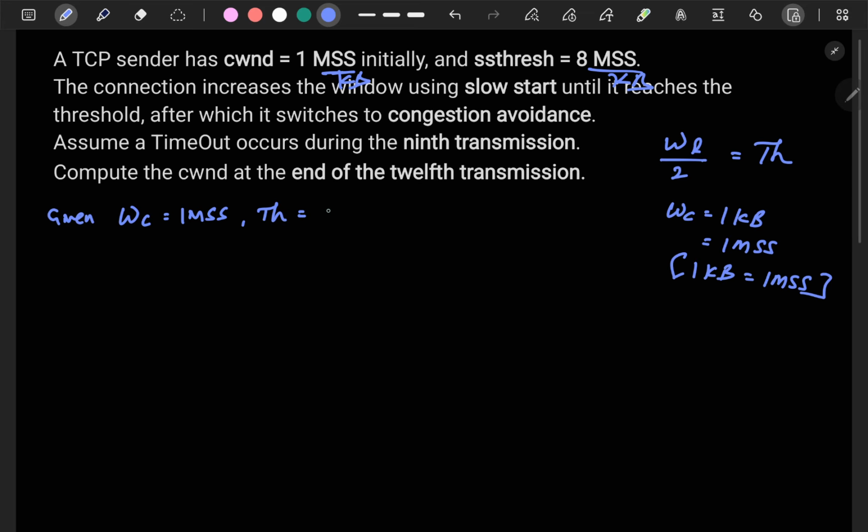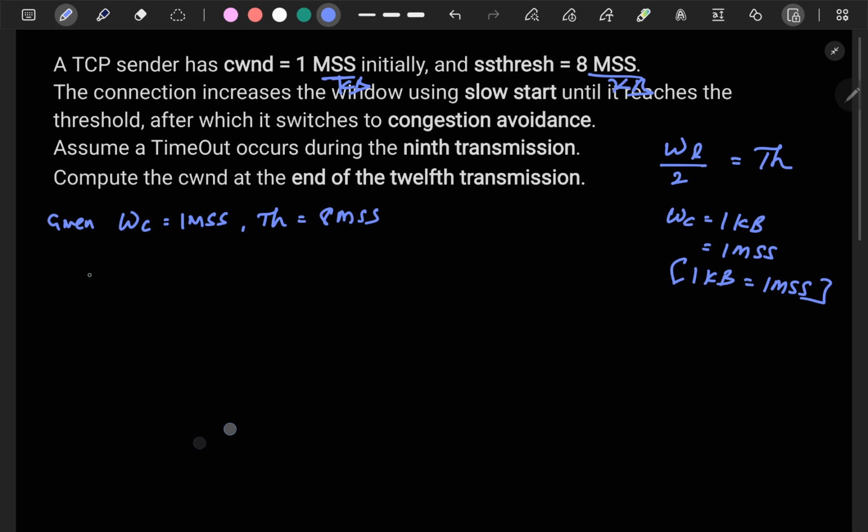What is the threshold? The threshold is given as 8 MSS. Now it will start from 1 MSS, in the slow start phase. So 1, then 2, then 4, then 8. That means 2 raised to power 0, 2 raised to power 1, 2 raised to power 2, 2 raised to power 3.